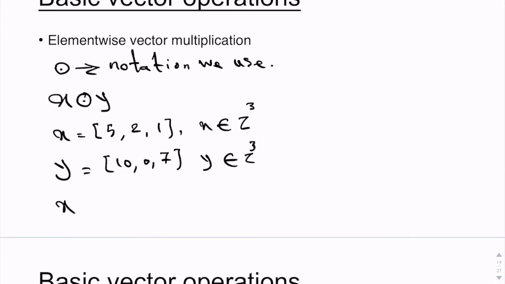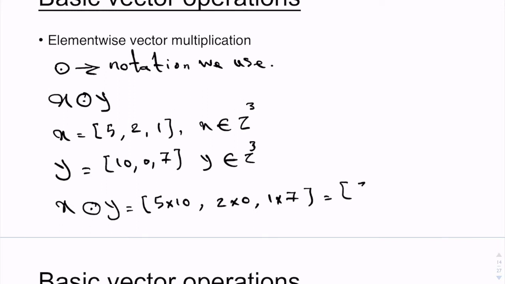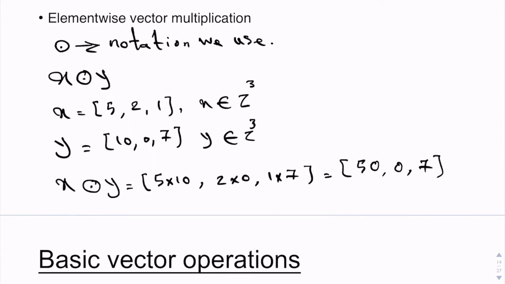Then x dot y is element-wise. That means we do the multiplication: 5 times 10, first element, the second one 2 times 0, and 1 times 7, right? This is equal to 50, 0, and 7, right? So this is an element-wise operation. We multiply element by element.